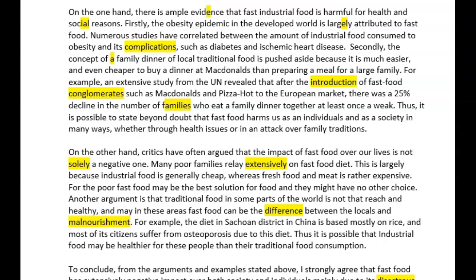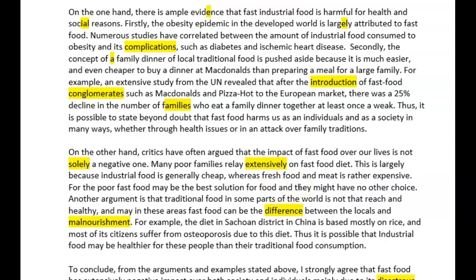This is largely because fast food, or you could have said this food, is generally cheap, whereas fresh food and meat is rather expensive. For the poor, comma, fast food may be the best solution for food. Well, let's see. How about this? For the poor, comma, fast food may be the best solution for sustenance, and they might have no other choice.